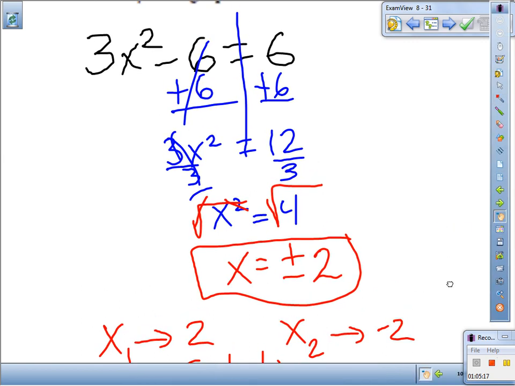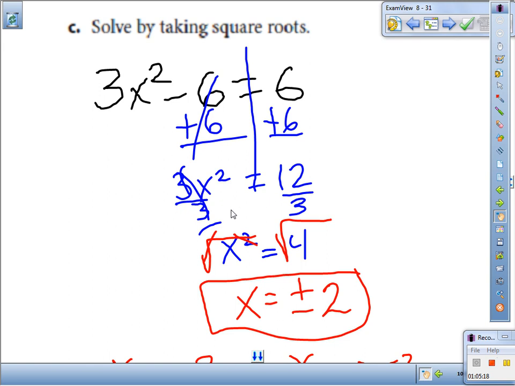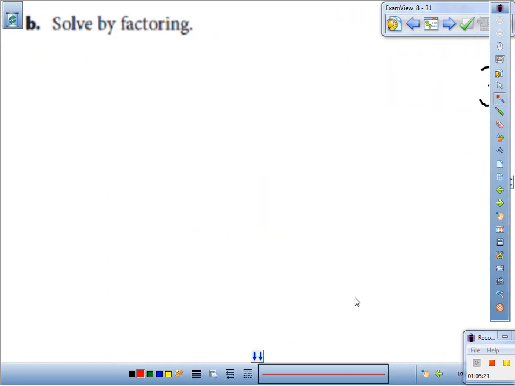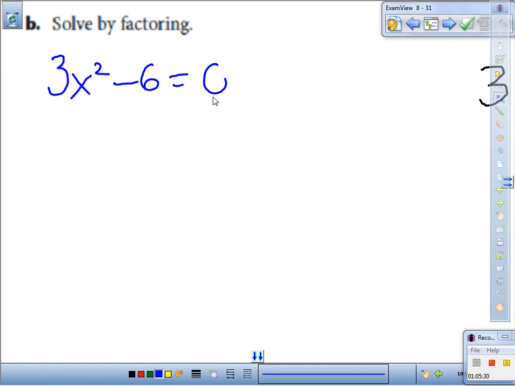So now we did it by square roots. Now we're going to do it by factoring. Let's go over here, write it again. 3x squared minus 6 equals 6. Now pay attention to this part because it's a little bit different from the previous one.